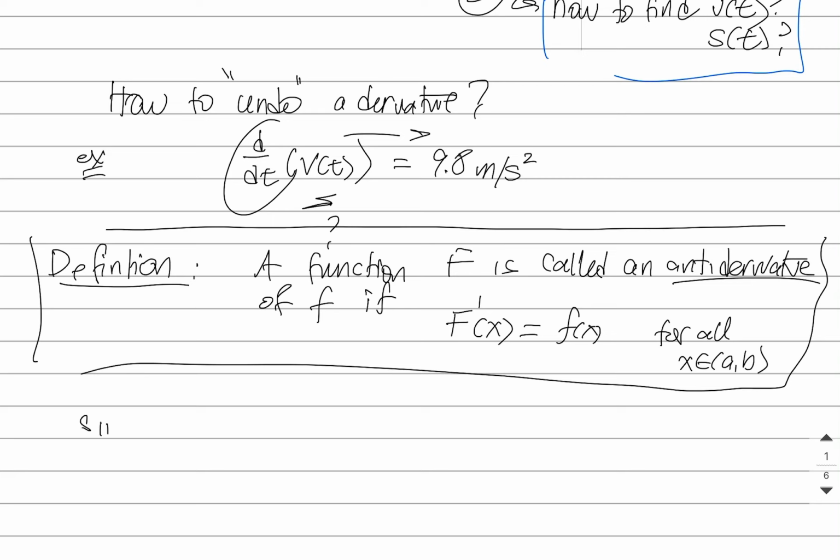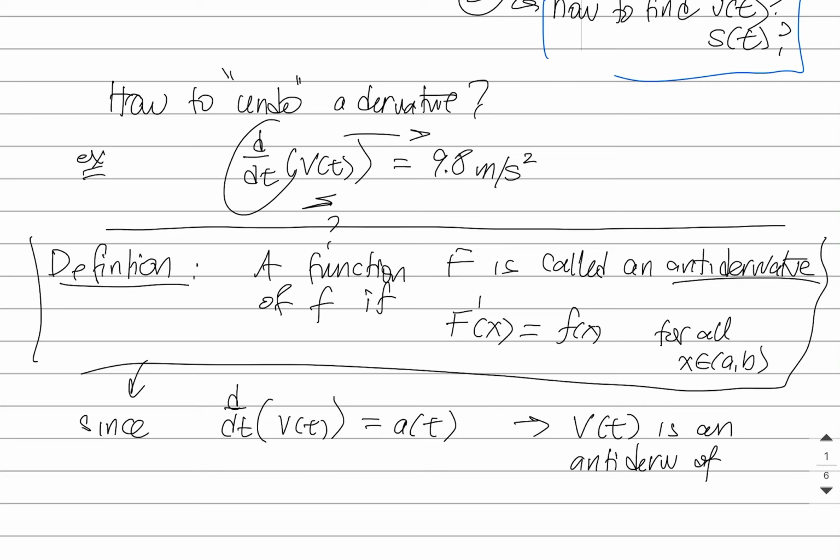Now, to illustrate this, let's go back to what we were just talking about. Since the derivative of velocity is acceleration, this is going to say, according to the definition, that the derivative of this function is a. So we'll say that velocity is an antiderivative of acceleration.